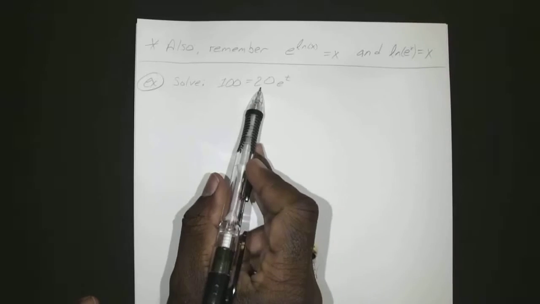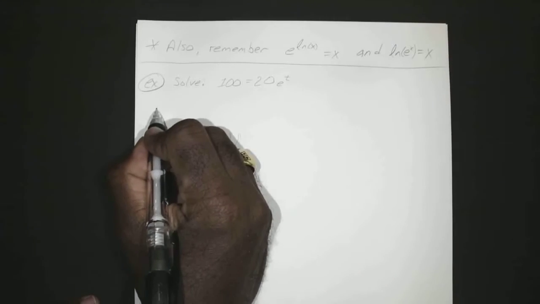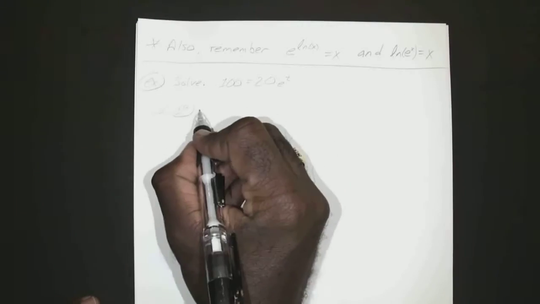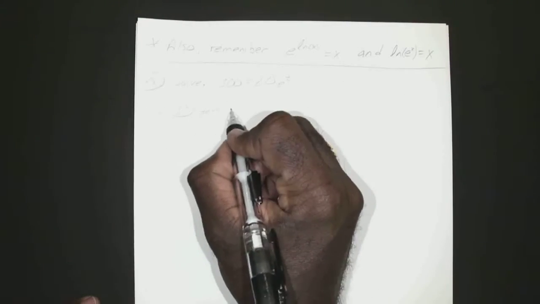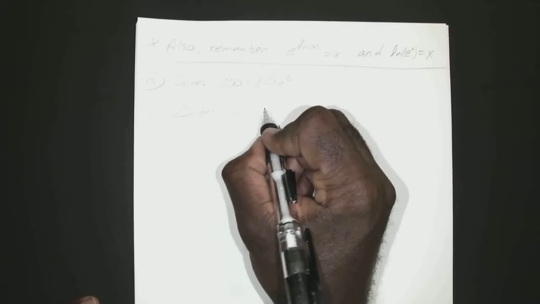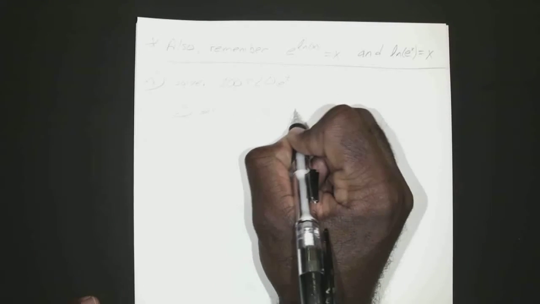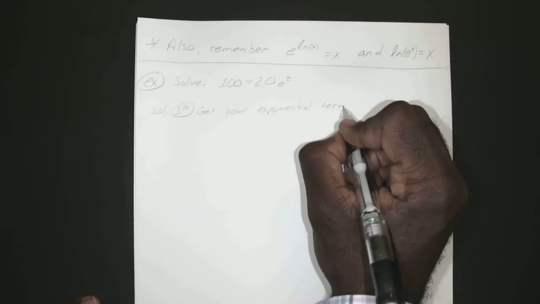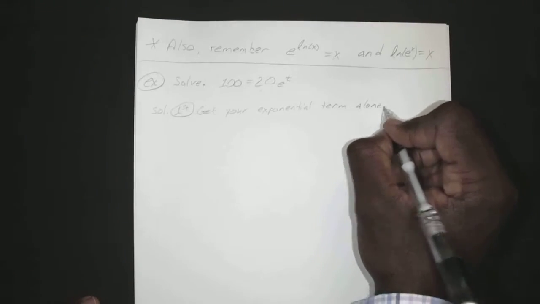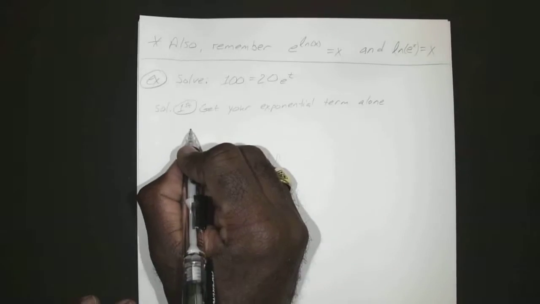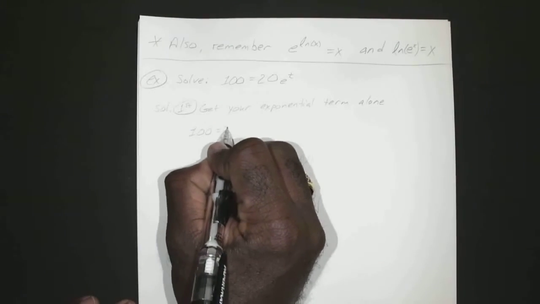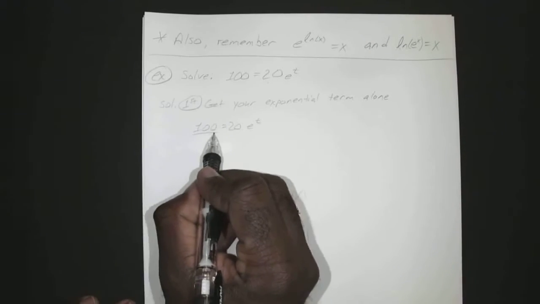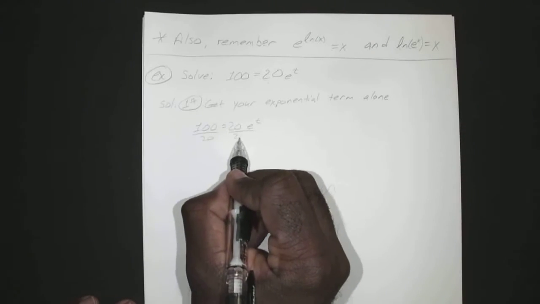That means we have to get rid of the 20. So if we have 100 equals 20e to the power of t, just divide both sides by 20.